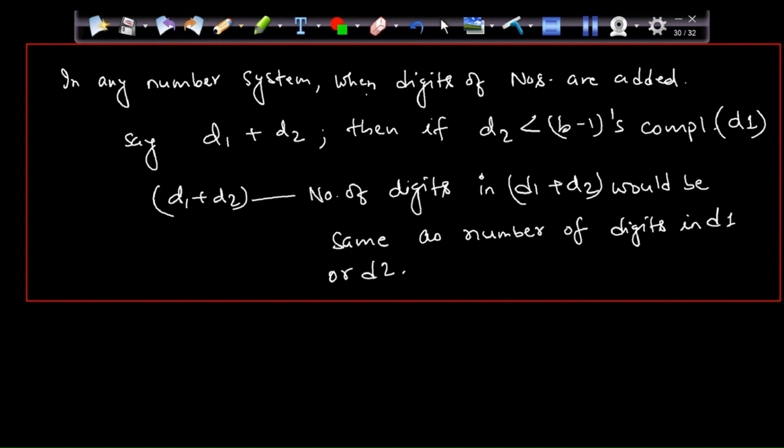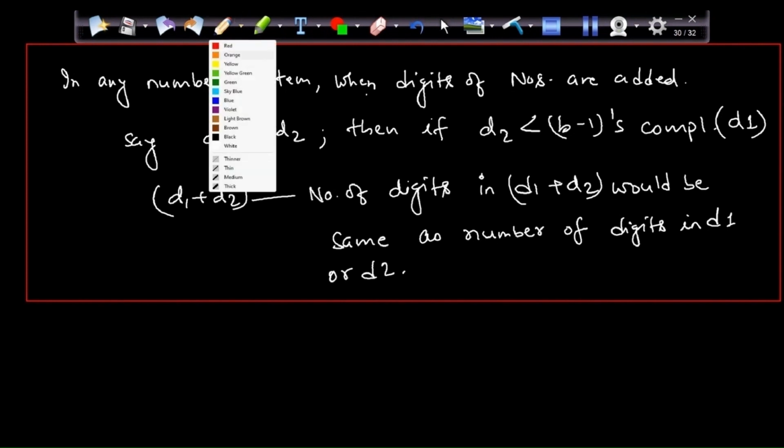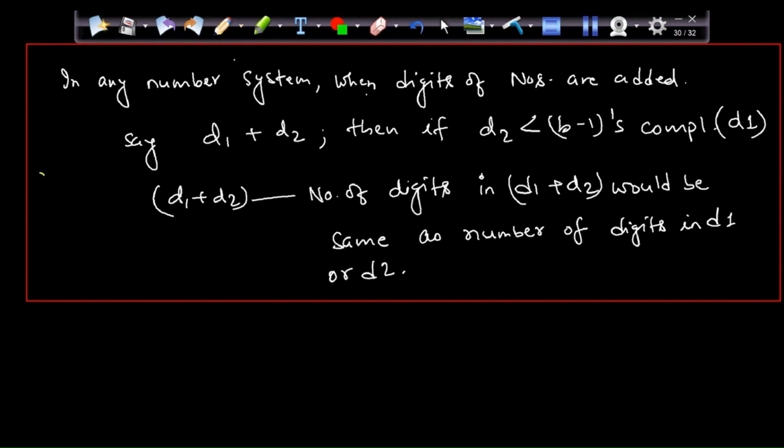So given that, when we are saying digits are to be added, a digit is just one single symbol.